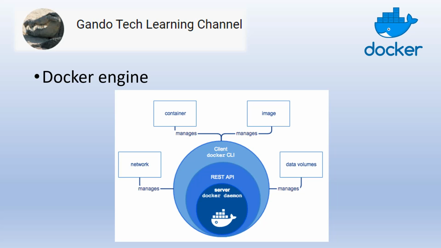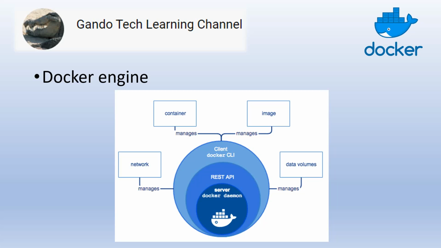The request comes from the CLI via a command, and this command communicates with the daemon to do the job via the REST API. The daemon is the core stage which does all the job, which is creating and maintaining networks, containers, images, and data volumes, which are the main things in the Docker concept.